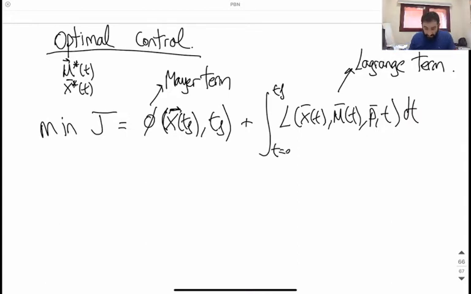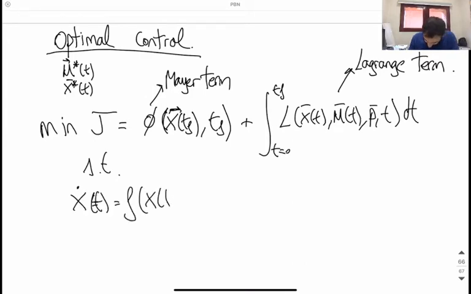Now, this is subject to a set of constraints. Which constraints? Well, first, the differential equations that govern the motion of my vehicle.